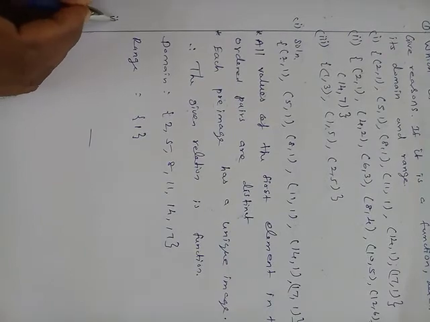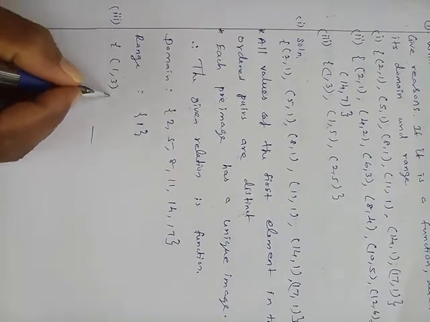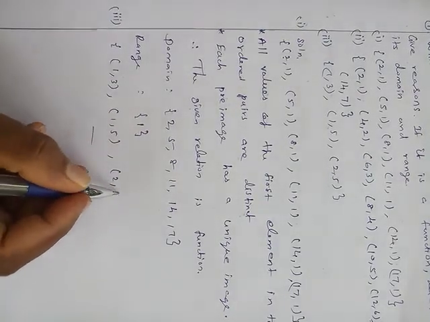Third one: the ordered pairs (1, 3), (1, 5), (2, 5).